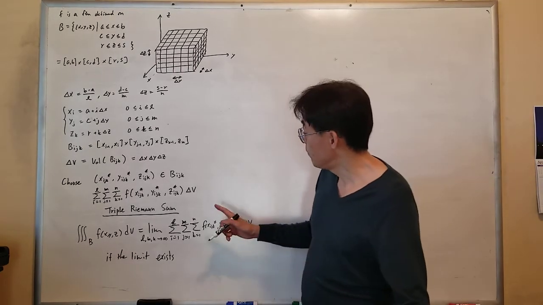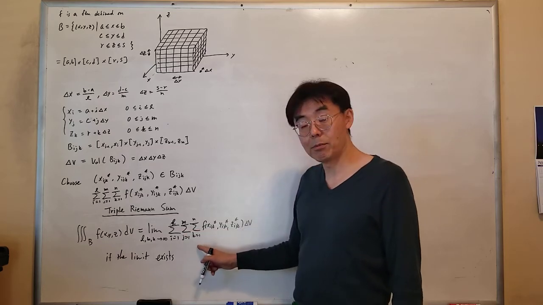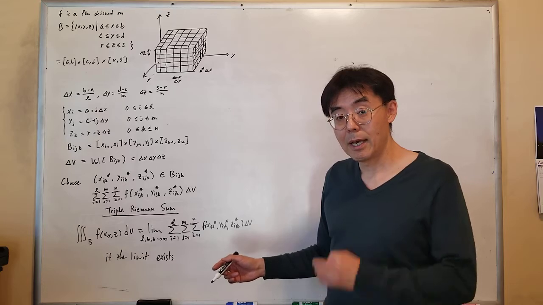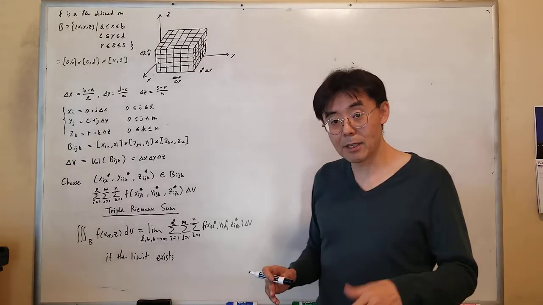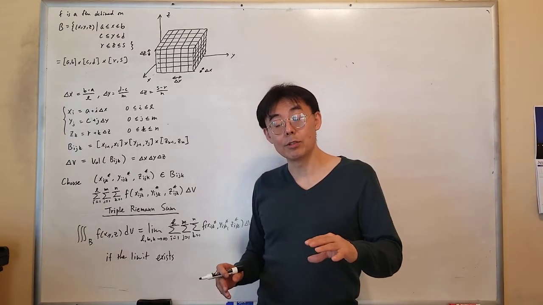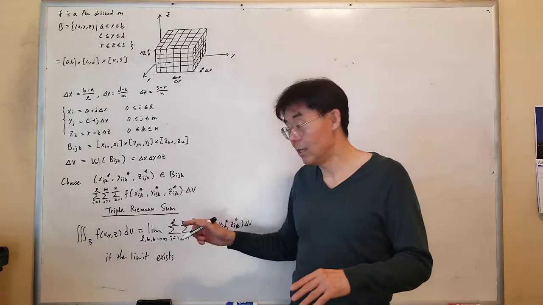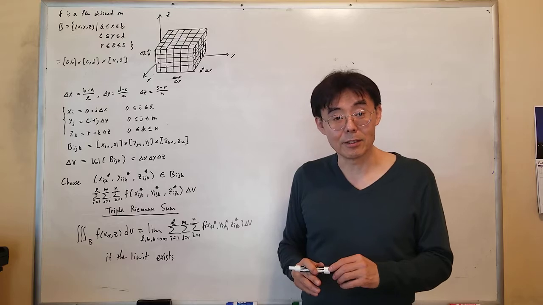We call it an integrable function if the limit of the triple Riemann sum exists. Just like the double integral case, if your function is continuous on box B, then it is integrable and the triple integral exists.